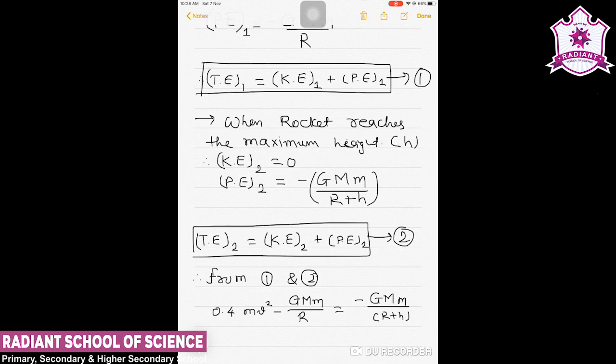So we can have the simplified term for the height.